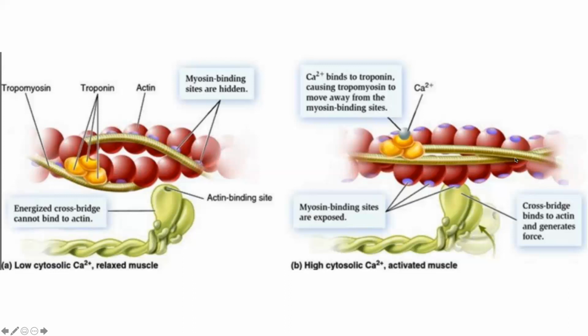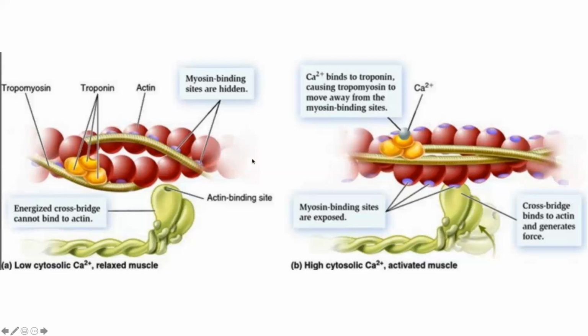In other words, we call this a conformational change. By this conformational change, the little spots, the myosin binding sites on the actins, get exposed. Now this myosin head is happy. It will go and attach to the myosin binding site, and that way start the contraction of the muscle. And when there is no more calcium, this tropomyosin will go back to its normal curvy shape. The myosin binding site will be blocked, and now the muscle will relax.